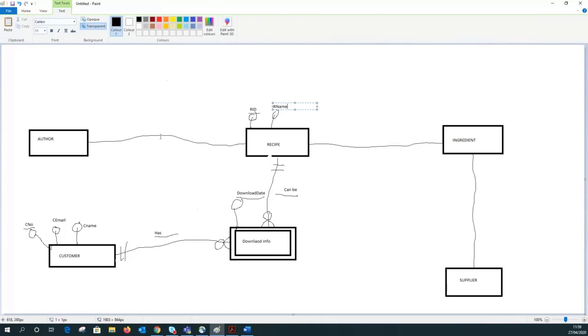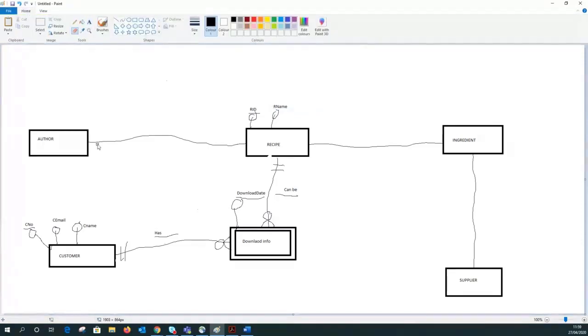Looks like one author can have many recipes and one recipe can be written by many authors. So it looks like a many-to-many relationship. If you have a many-to-many relationship, I need to create a weak entity here.